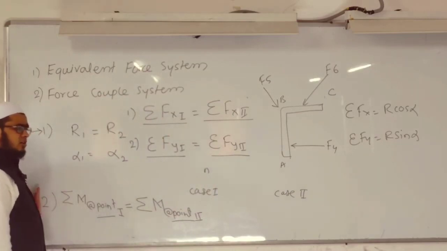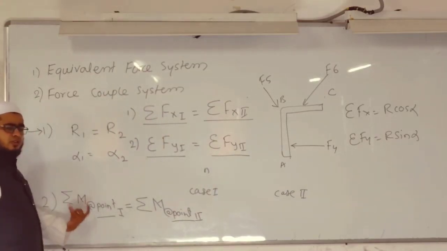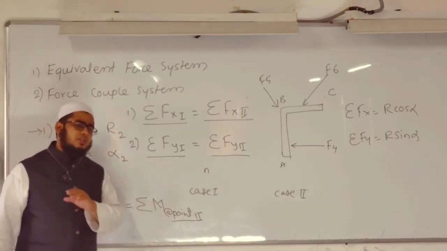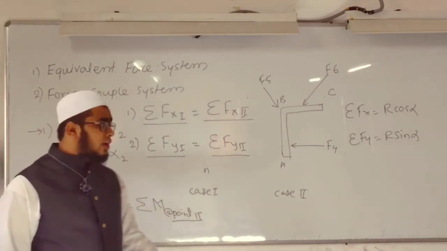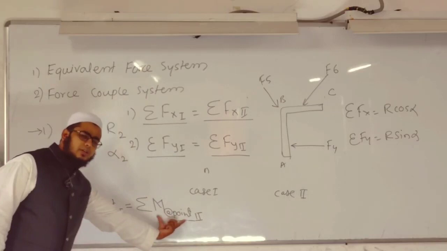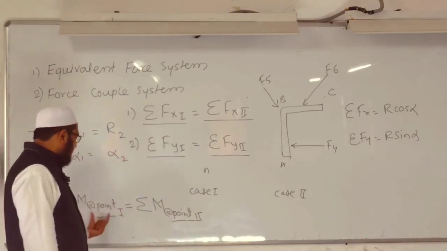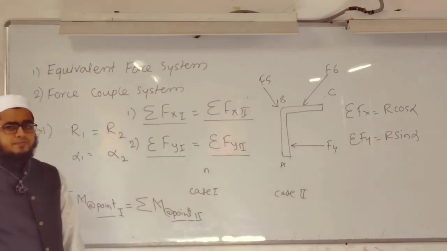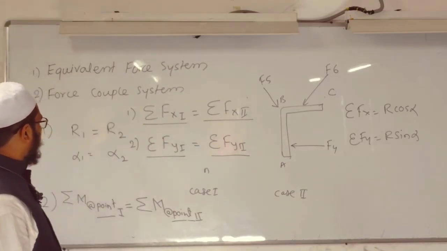And third condition, moment of the first force system about a particular point must be equal to the moment of the second force system about the same point. The point will not change. Means if you are considering point A, here also it must be at point A. If you are considering C, then in the second case also it must be at point C. These are the three conditions.